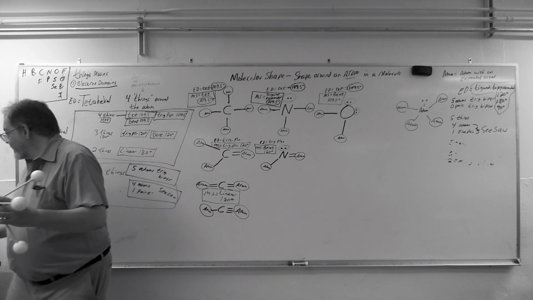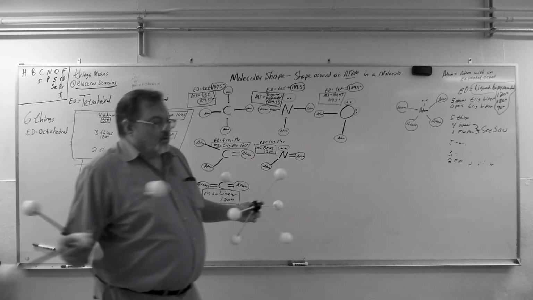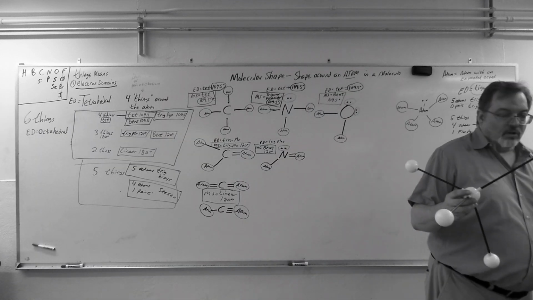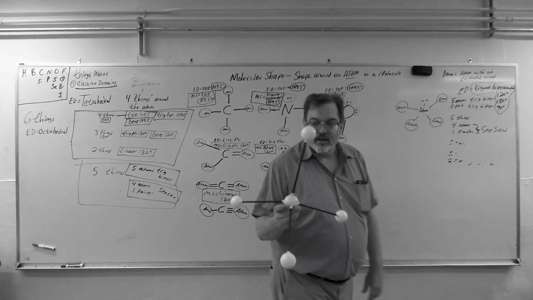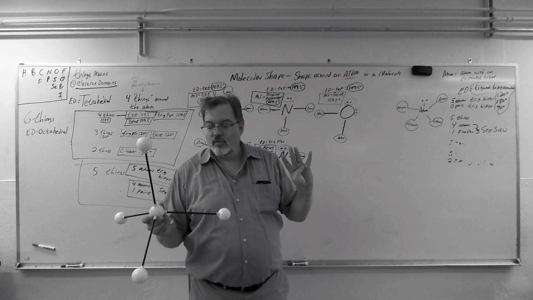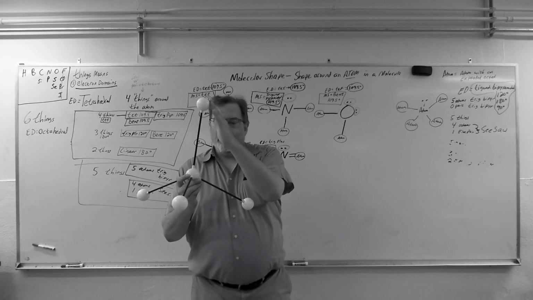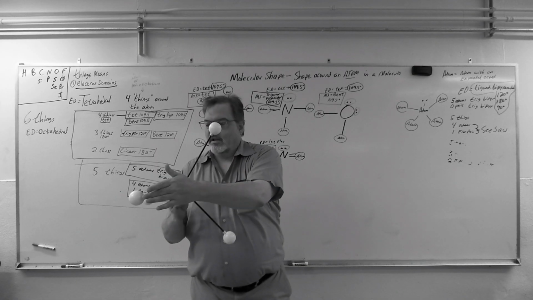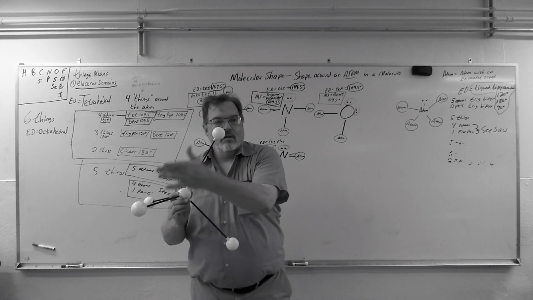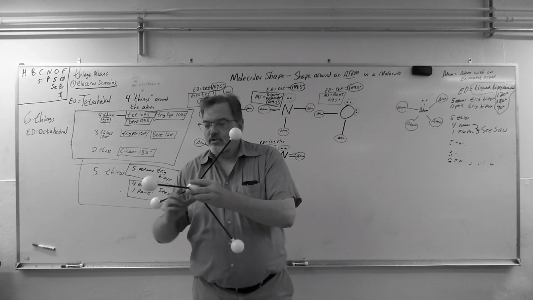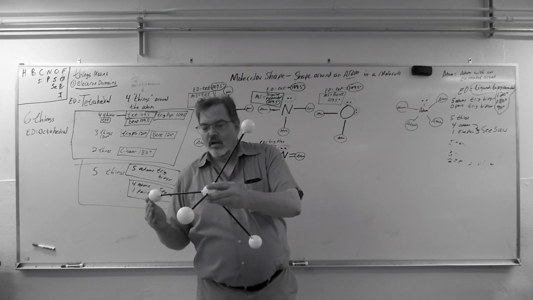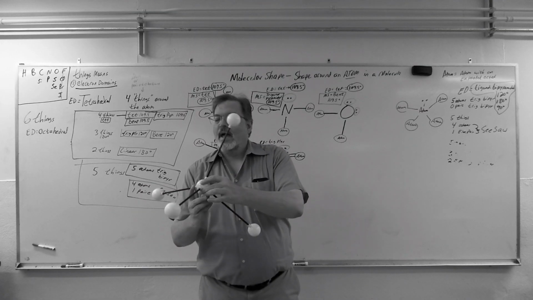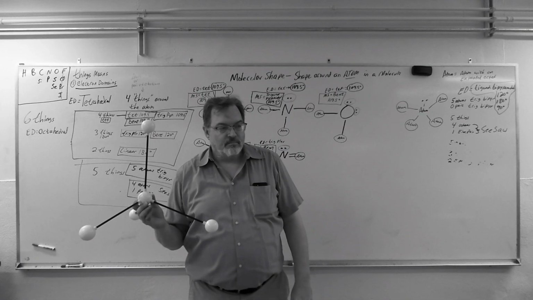So let me point something out. This wasn't called tetrahedral because there were 4 things, even though tetra is 4. The idea is if I put a plane, basically a triangular plane around these, and then a triangular plane around here, and then one here, and then one here, what I would have is a tetrahedron.